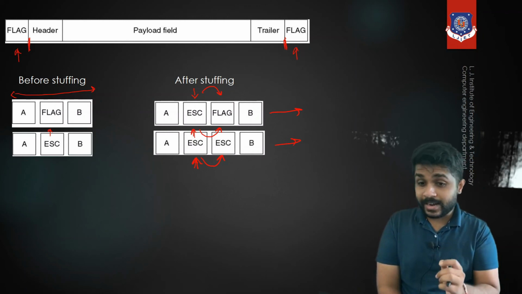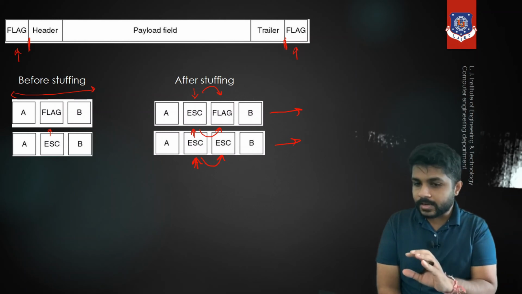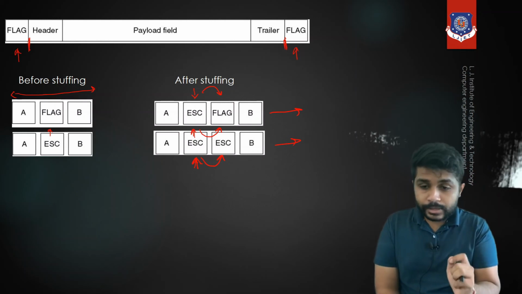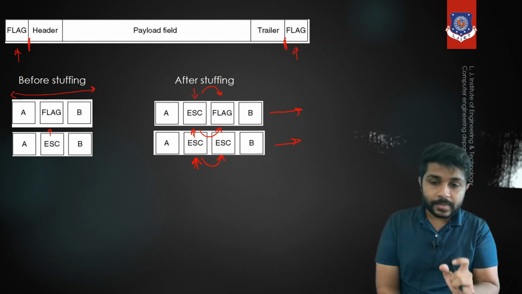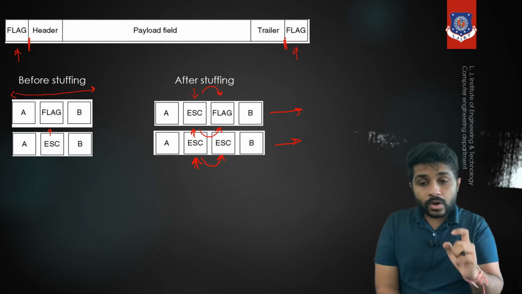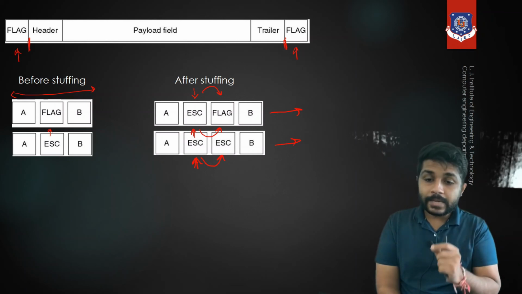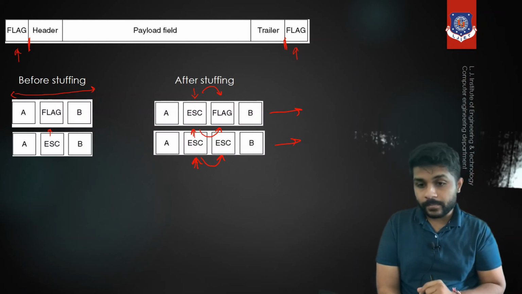So you can understand that the actual data, which looks like an escape character, is not removed by the receiver. Understand, student? Whenever the receiver detects any escape character in the frame, all it knows is to remove the escape character and keep the data after it as a part of the frame.